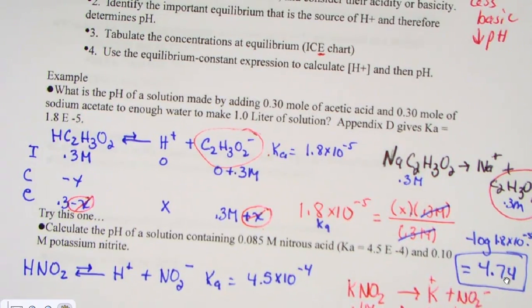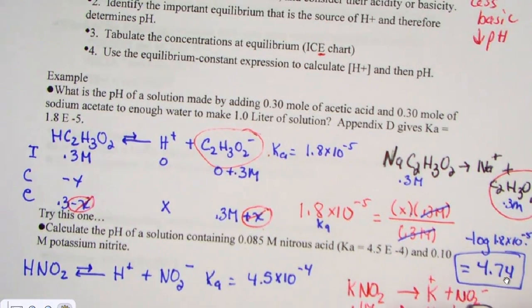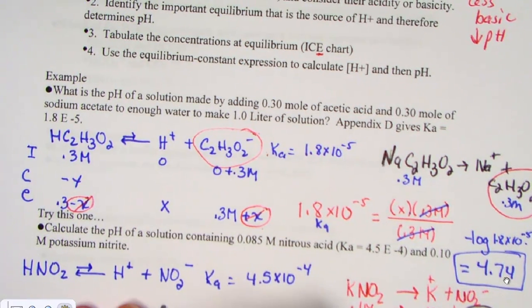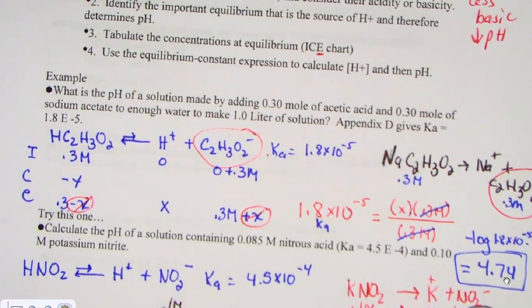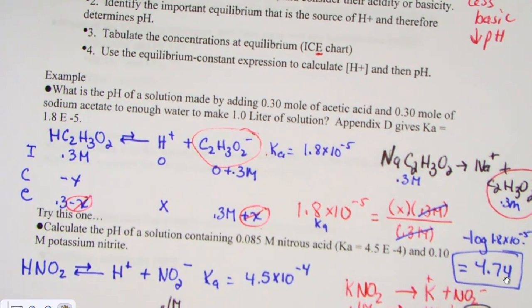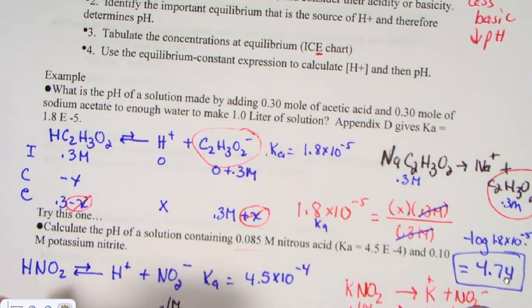So therefore, this value, the 0.1 molar, we'll carry over here, 0.1 molar nitrite, the ion it has in common. Now the other thing we'll know is the solution started at 0.085 molar of the acid.